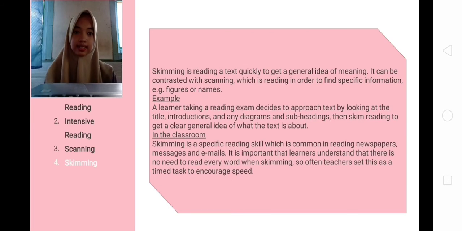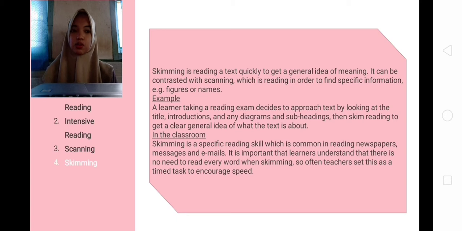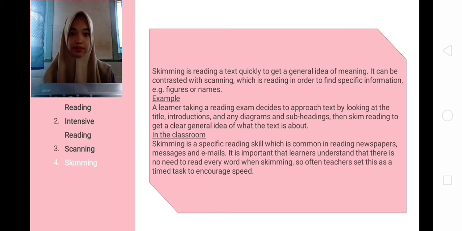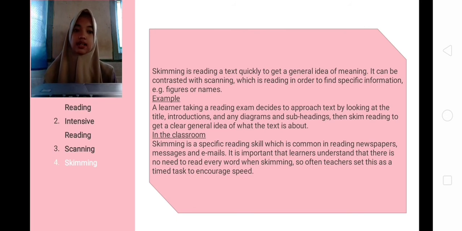And next, skimming. Skimming is reading a text quickly to get a general idea of meaning. It can be contrasted with scanning, which is reading in order to find specific information, for example, figures or names. An example: a learner taking a reading exam decides to approach the text by looking at the title, introduction, and any diagrams and subheadings, then skim reading to get a clear general idea of what the text is about.